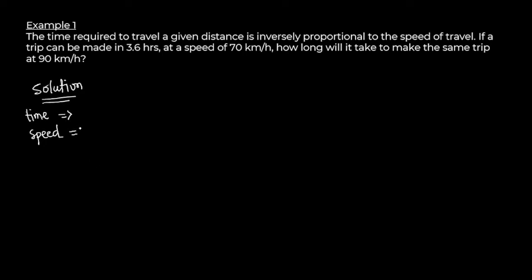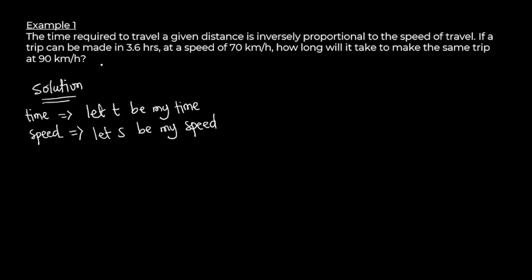So I will say let t be my time, and let s be my speed. You can choose any variable that you want, so long as you define your variable, you are good to go.